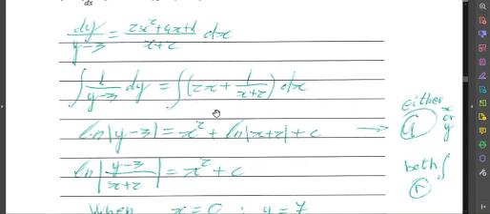Now that I got that, integrating this is easy. Writing down this equation is not, rearranging and having the variables separated. That's the big deal.